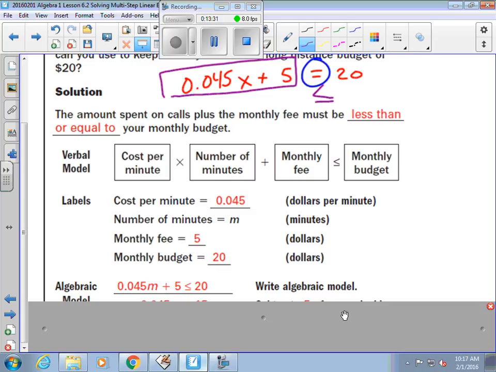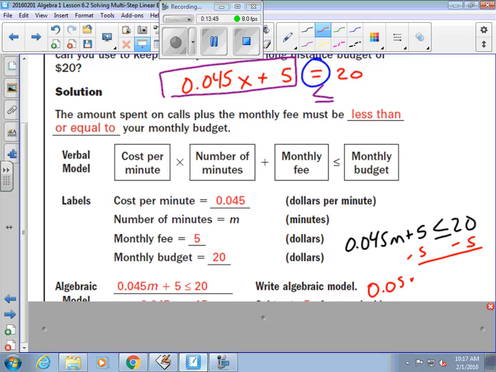When you simplify that, you subtract 5 on both sides. So that's what we have. 0.045M plus 5 is less than or equal to 20. You subtract 5 on both sides. So 0.045M has to be less than or equal to 15.